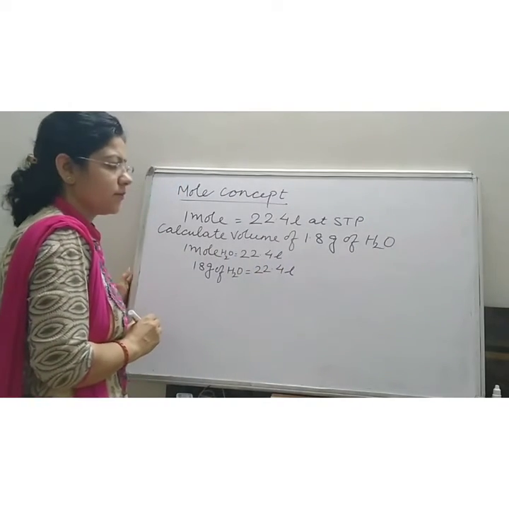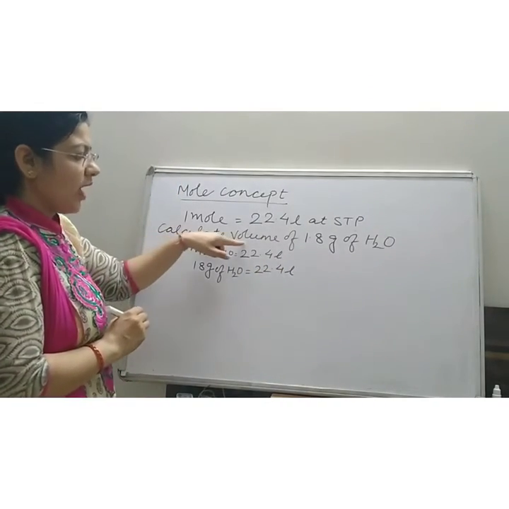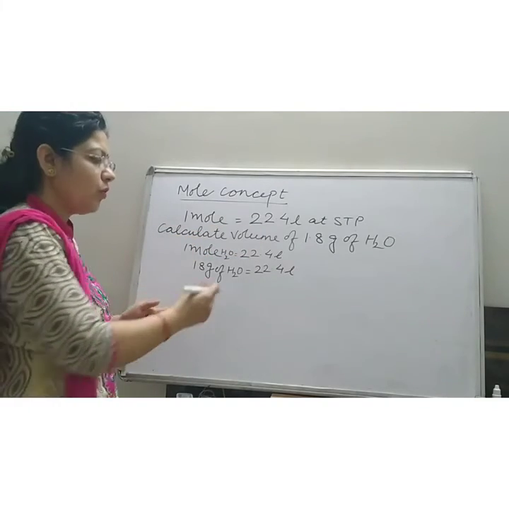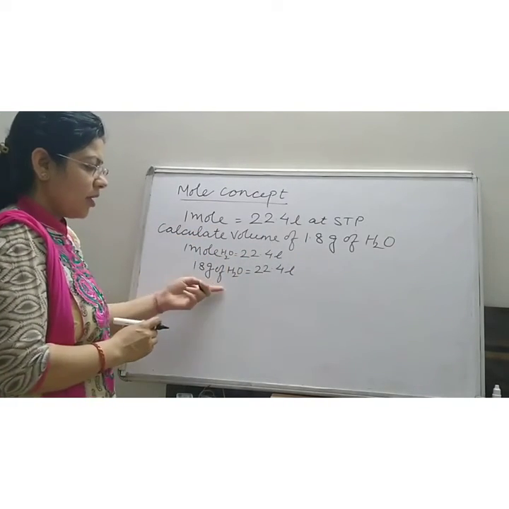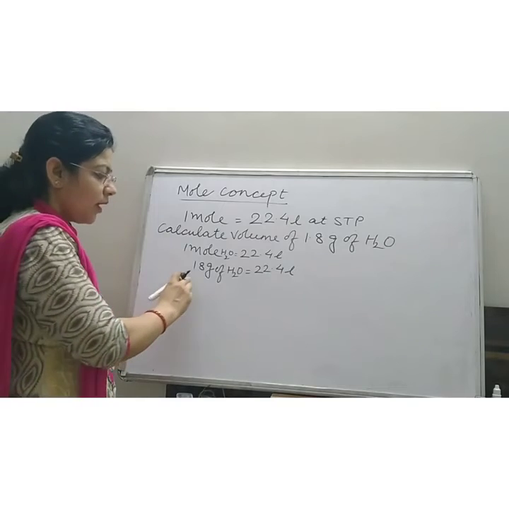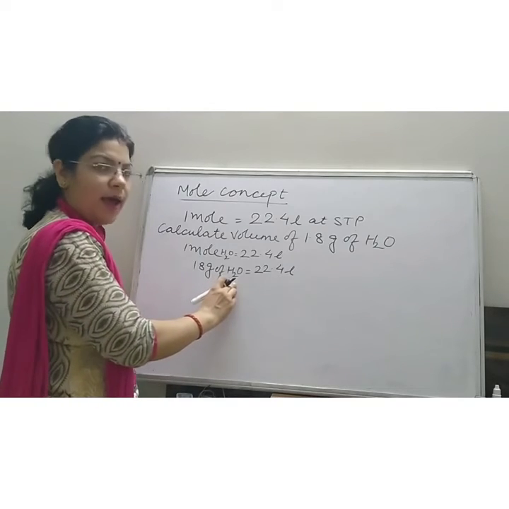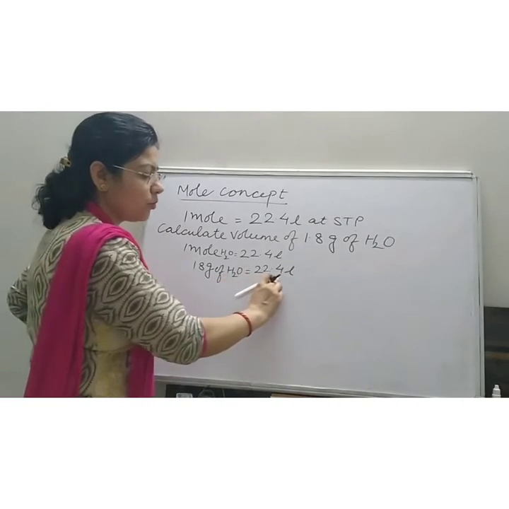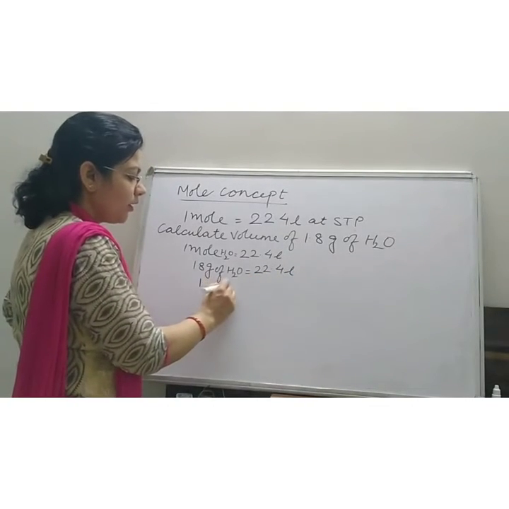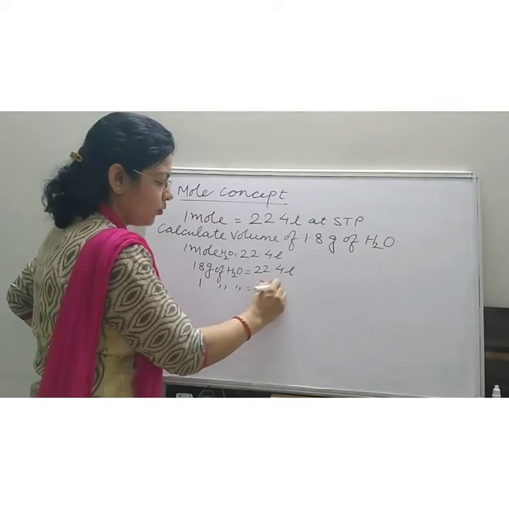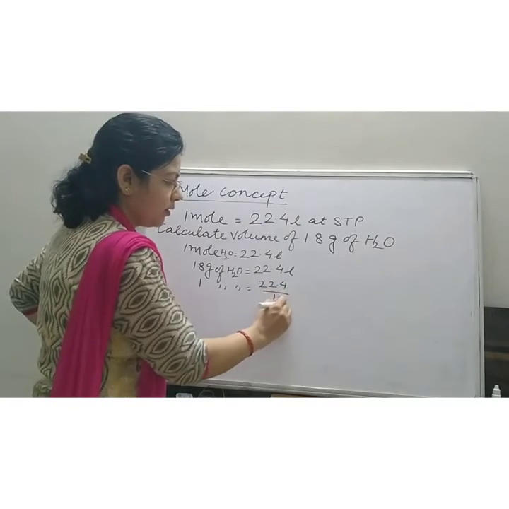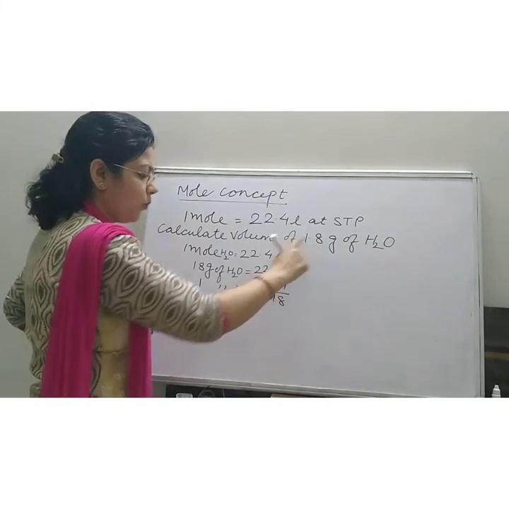Means 18 grams of water has volume 22.4 liters. As in this question we have to calculate the volume, so we put volume on the right side and mass on the left hand side. 18 grams of water has volume equal to 22.4 liters. 1 gram of water is equal to 22.4 divided by 18, and we have to calculate for 1.8.